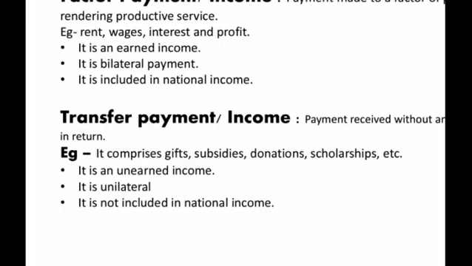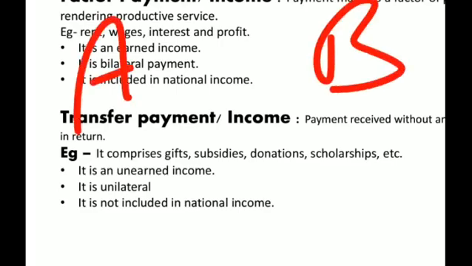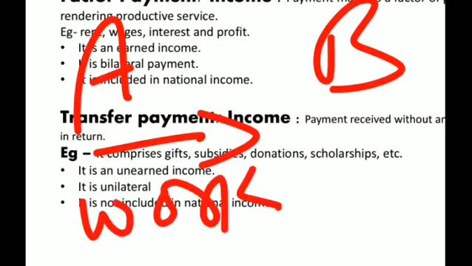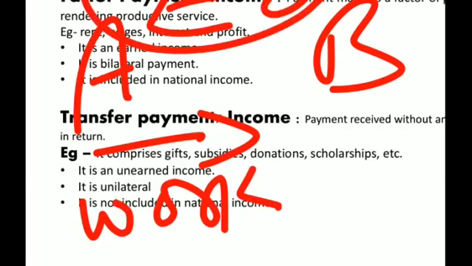This money is not received from one side only. We have person A and B. This person A has worked for person B, and for that work person B is giving him money, so this money will be called factor income or factor payment.